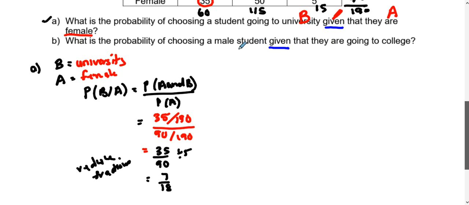The next question is, I have to go back and define my letters again, because these dependent probabilities change a little bit.